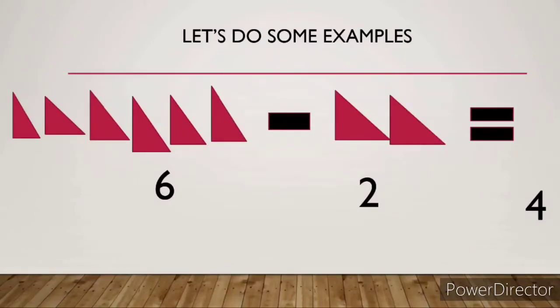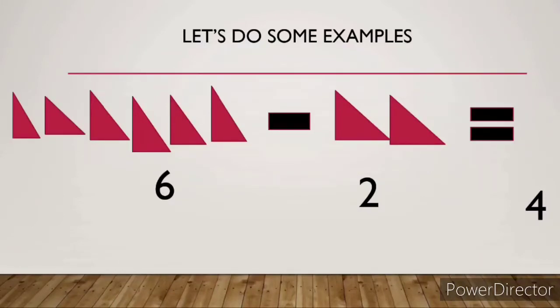Look at this example. Let's count the triangles. 1, 2, 3, 4, 5, 6. 6 triangles. What is this little sign again? Minus. Awesome. Minus. That's the minus sign. So 6 minus. How many triangles are on the other side of the minus sign? 1, 2.